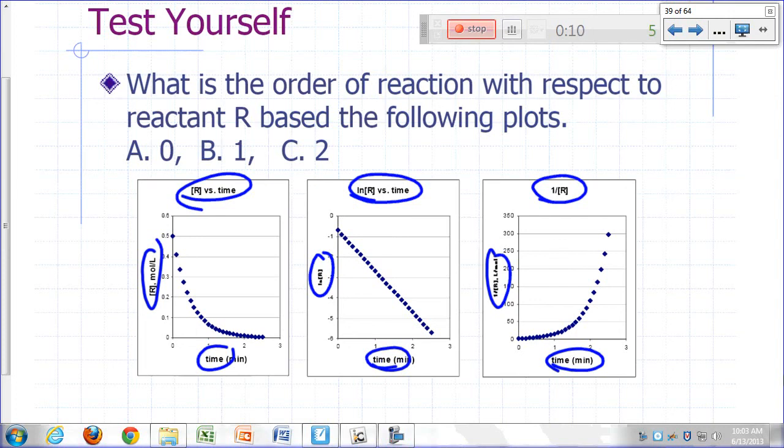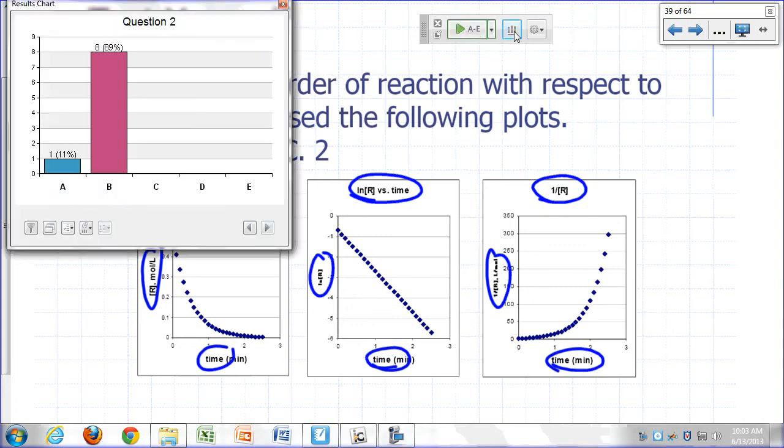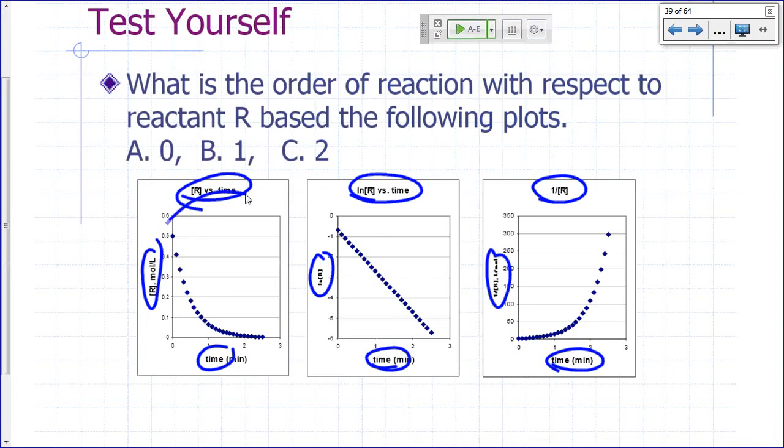Based on which graph is linear, you can tell. Which graph is linear? The natural log plot is linear, so it's first order. If this was linear, then you would say it's zero order.